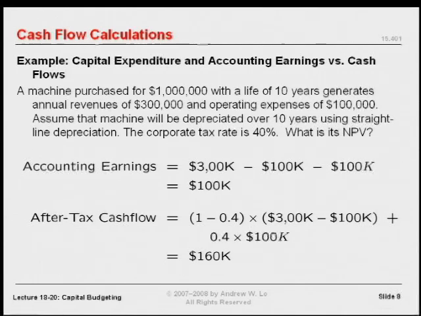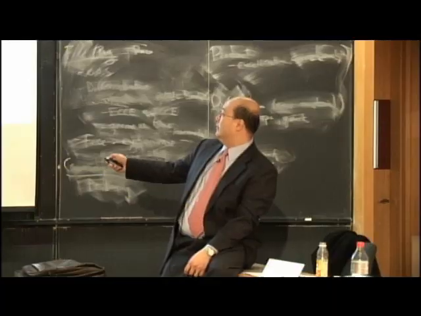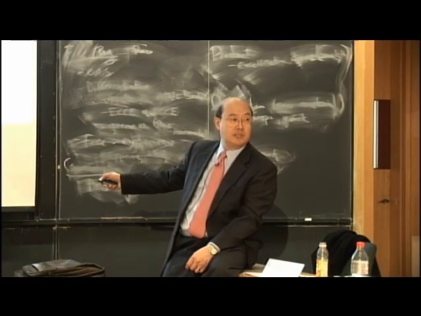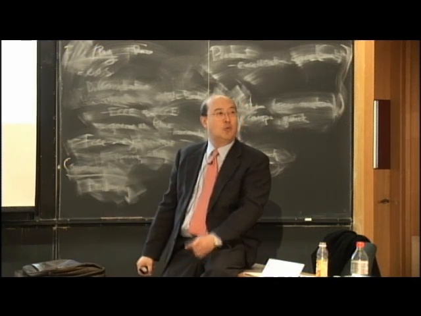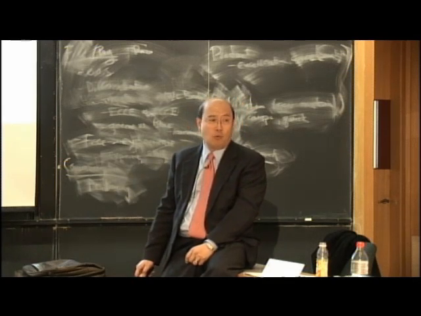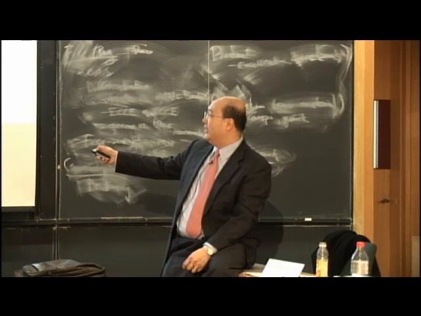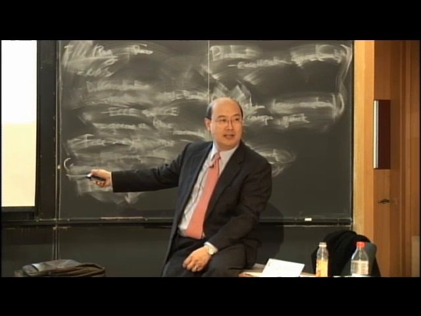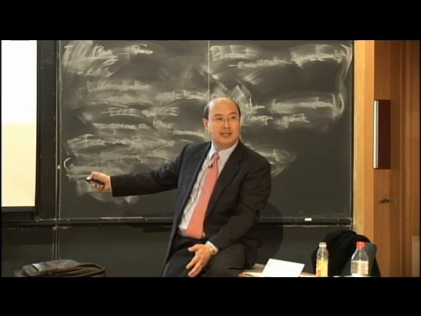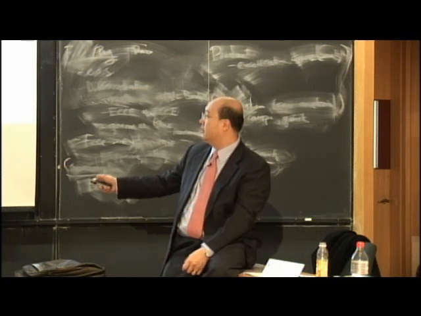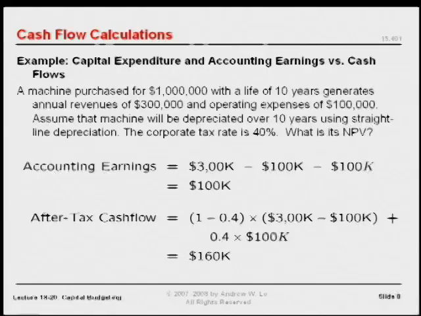But then you have to pay tax, but then you're getting a depreciation deduction of 100,000 a year, so you're actually getting $160,000 of cash every year. Not 100, but 160, okay? So when you do an NPV calculation, it makes a world of difference whether you're NPVing this or you're NPVing that. They're not the same, right? And from an economic decision perspective, this is what you ought to focus on, not on this.